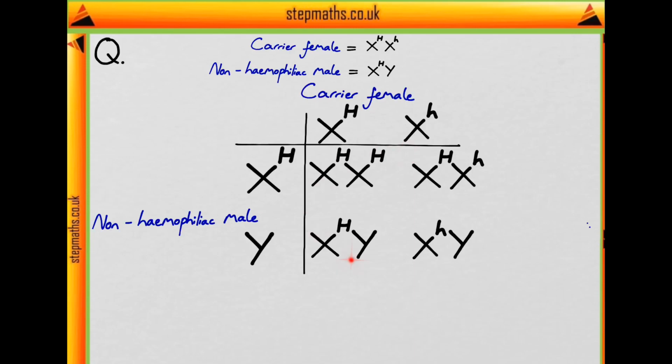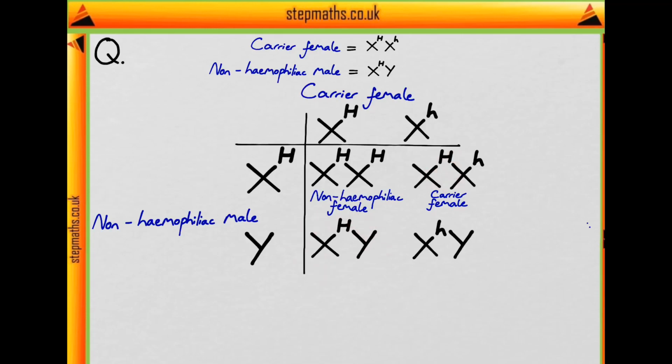Now that we've worked out the 4 potential genotypes of the offspring, we can quickly assign the phenotype to each of the potential genotypes. So, starting with this one, we have 2 X's each with a capital H. Therefore, this is a non-haemophiliac female, as there are 2 X chromosomes and she lacks the lowercase h. Next, this one, this is a carrier female, as she is heterozygous for this allele.